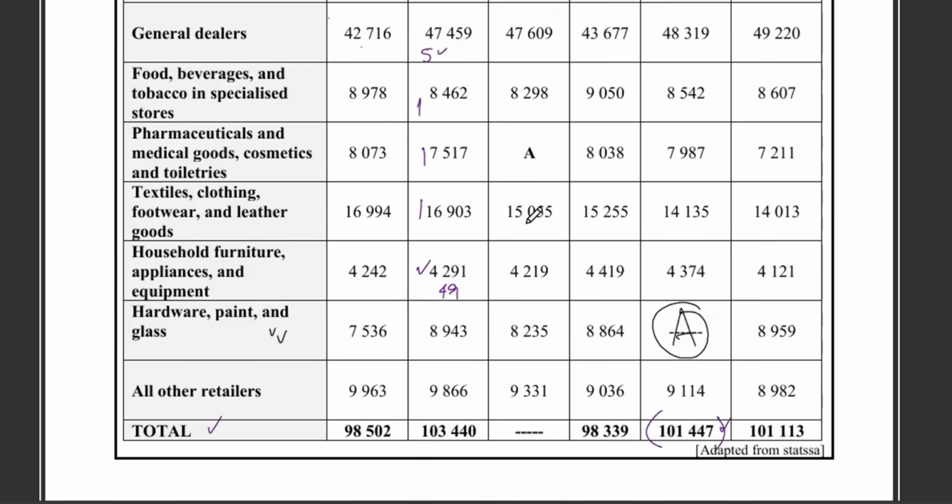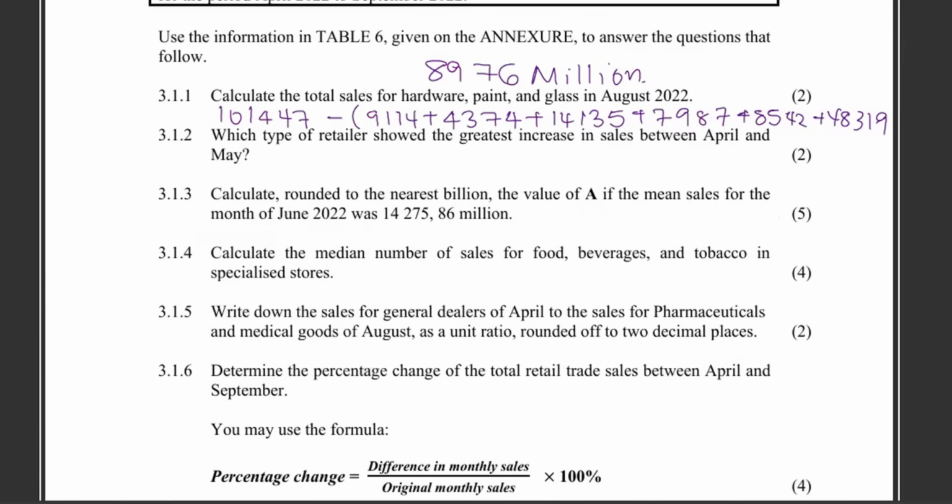This one is 5,000, approximately. Okay, here there's an increase of approximately 400. And here there's a decrease. So the increases are here. Which one showed it? So it's the general dealers. So we shall come here and we shall say general dealers.